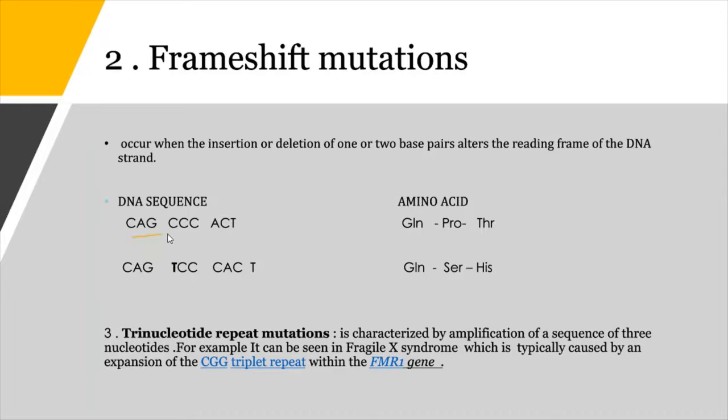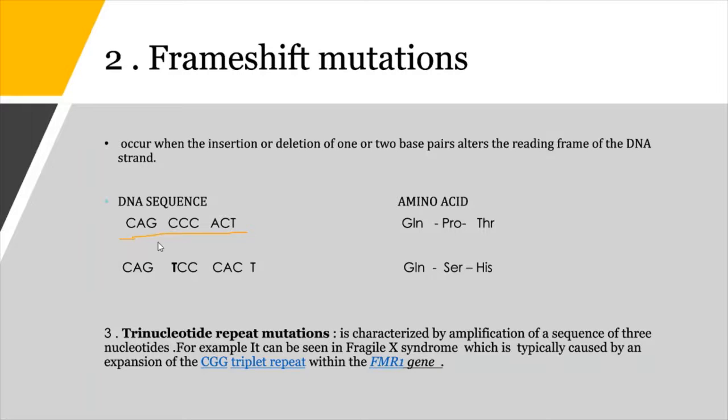CAG, CCC, and ACT are three codons, and every codon codes for one amino acid: CAG forms glutamine, CCC forms proline, and ACT forms threonine. A frameshift mutation happens when there is either an insertion or a deletion of one or two base pairs that alters the reading frame of the DNA strand.